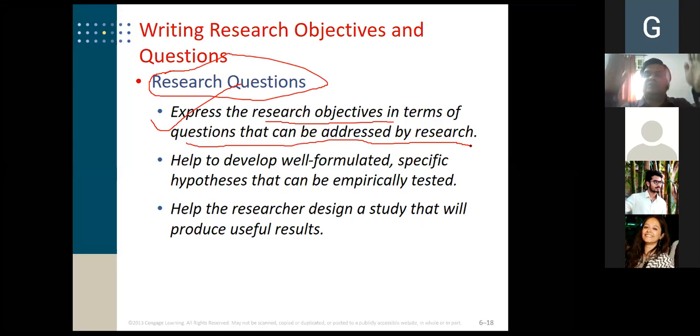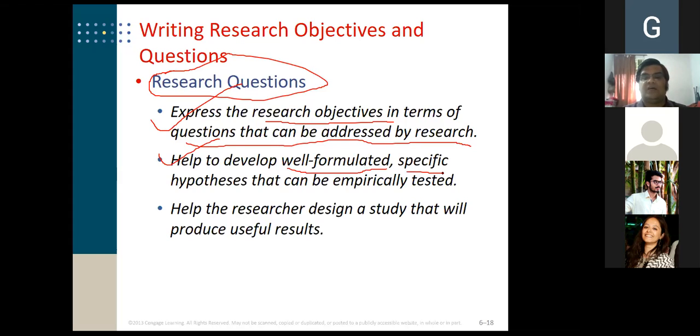So I have some research objective, and I will express it in terms of questions. Number two, it helps to develop well-formulated, specific hypotheses that can be empirically tested. See, many important things are there. Please read these lines twice.